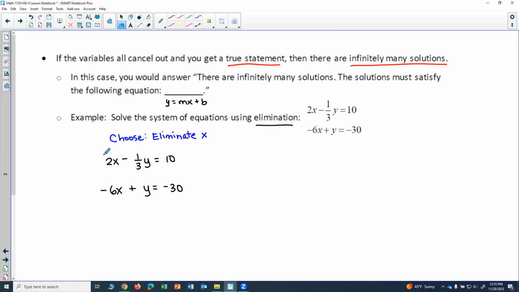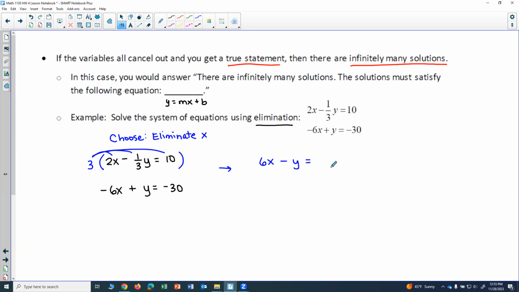If I want to eliminate x, what I could do is multiply the first equation by 3, and that would automatically give me the 6x, which is already the opposite of the -6x. So when I distribute that 3, I'll get 6x. 3 times -1/3 would just give me minus y.